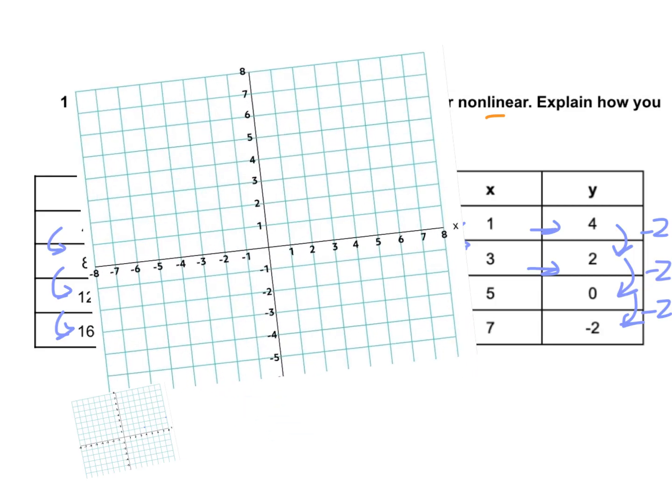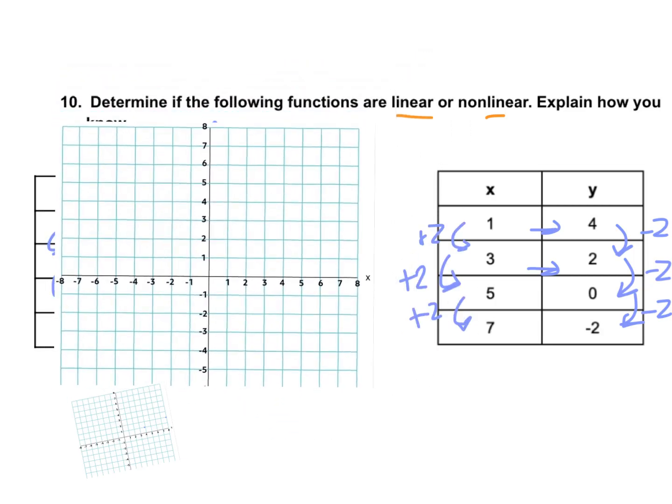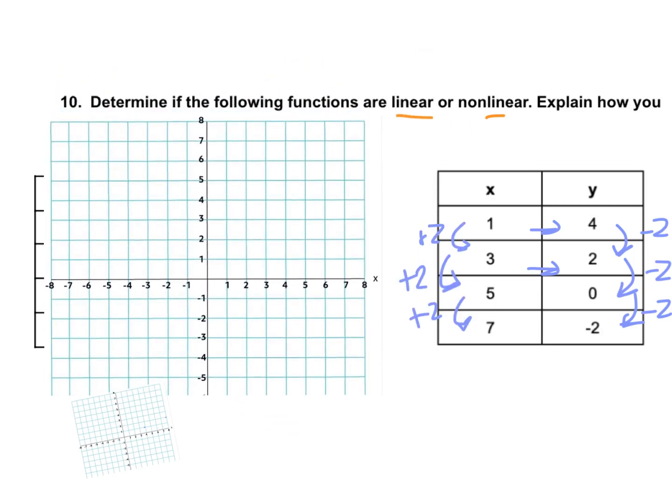I'm going to put it on a graph though too and just see, does this make a straight line if I graph it? And that's some really good proof too, because then it really shows that it's a linear relationship. So over 1 up 4, over 3 up 2, over 5 to 0, over 7 down 2, and yeah, look at that.